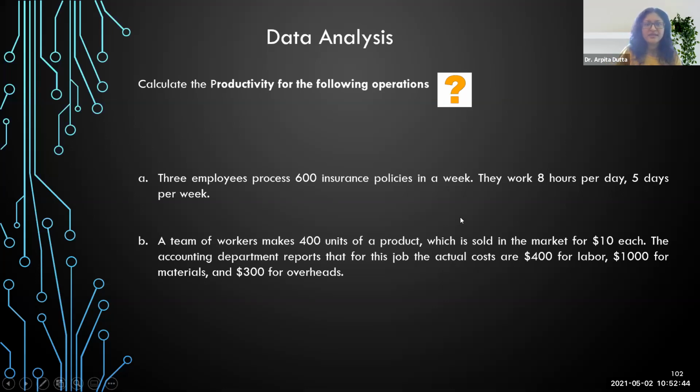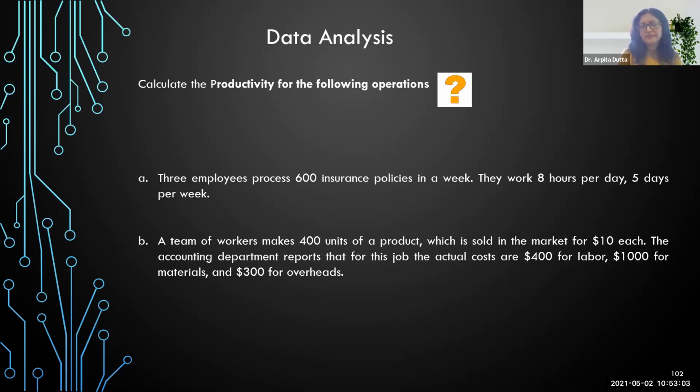So can any one of you tell me what is the answer? Calculate the productivity for the following operations. Three employees process 600 insurance policies in a week. They work 8 hours per day, 5 days in a week.